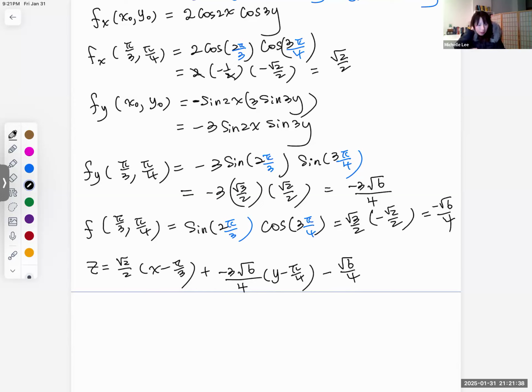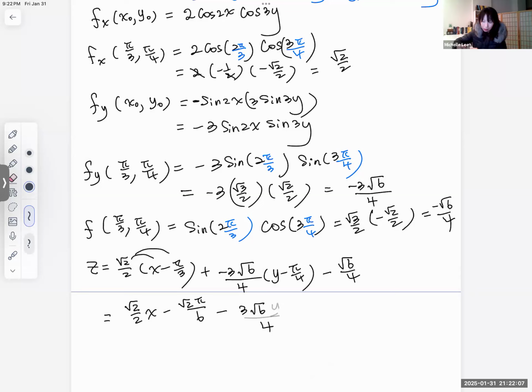We can just leave it like that, or we can distribute a little bit more, but it does not help. Okay, so let's do the square root of 2 over 2x minus square root of 2 pi over 6, minus distribute 3 square root of 6y over 4. Let's put the y here.